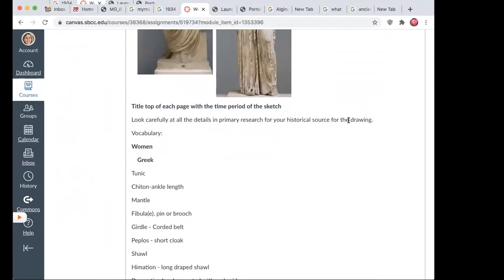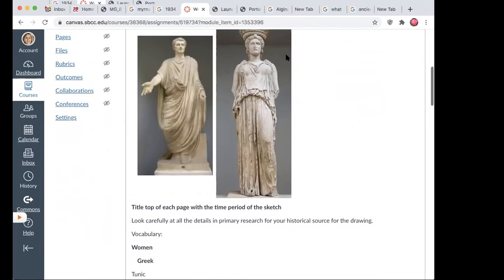And then look at all the details in primary research for your historical source. So I expect you to look at other sources other than what I'm giving you. I do expect you to look at Greek and Roman, and you do have some in your book.